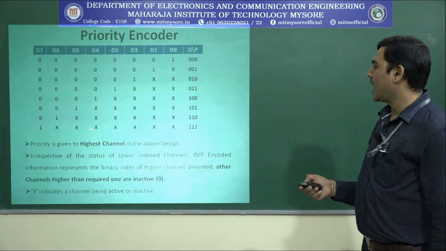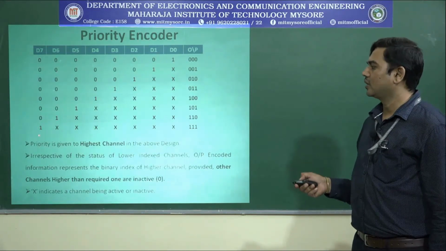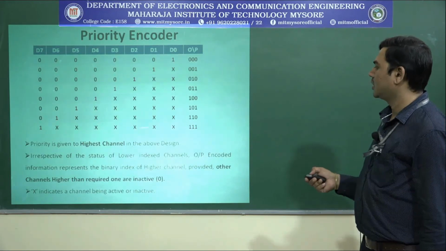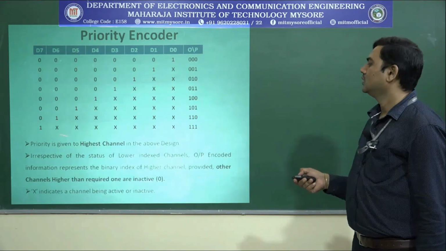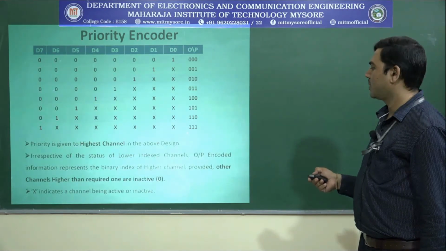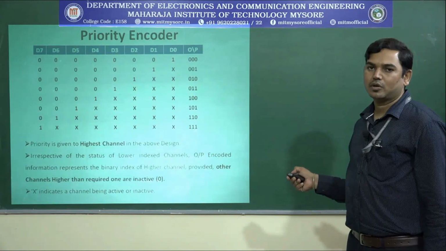What is the last row here indicating? D7 goes high. Irrespective of all lower order channels, the index of D7, which is binary 1, 1, 1, will be shown at the output of the encoder.